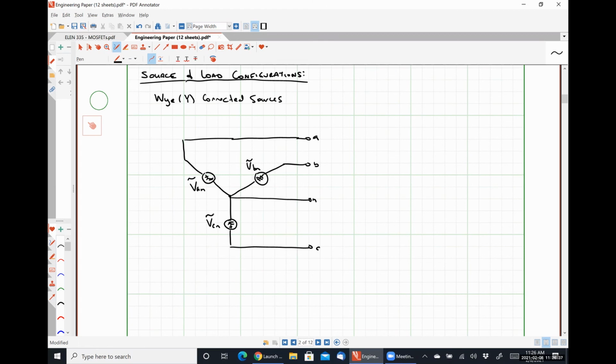Another way, and it's my preference to represent this style of Y-connected source, is something that looks like this. A, B, C, N. Here is VAN, VBN, VCN.